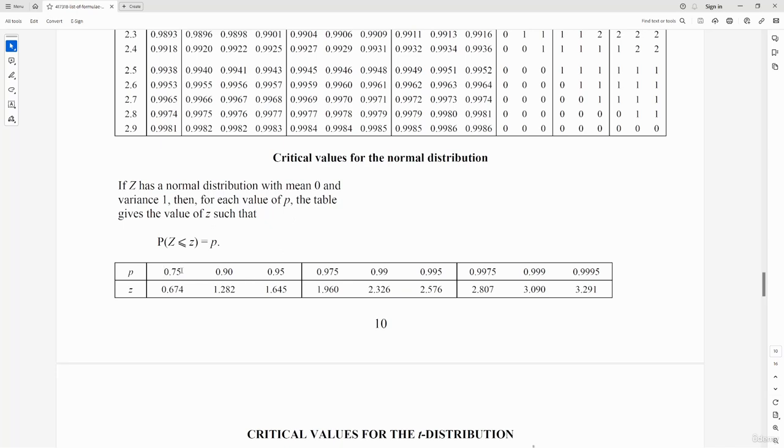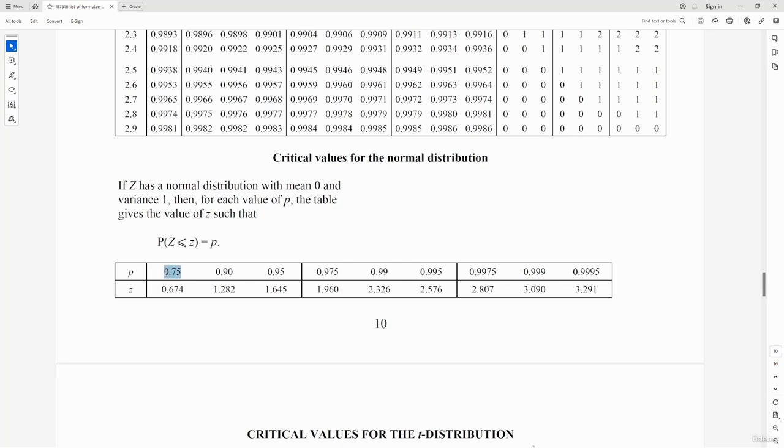So if you're looking for the 75% mark, i.e. the upper quartile, it just gives you the Z value there. Similarly, the 90% mark, which would be the top 10%, 95% of the way through the data, that's the top 5%, and so on. It gives you these nice round numbers. So it's actually probably quicker than using the calculator, although feel free to use either method.